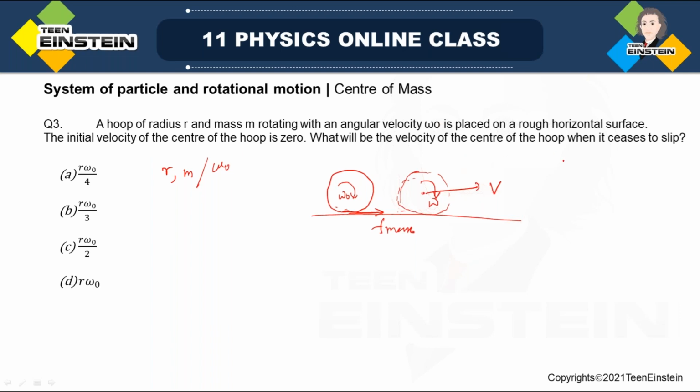What will be the velocity of the center of the hoop when it ceases to slip? So actually this can be found out from the conservation of angular momentum.